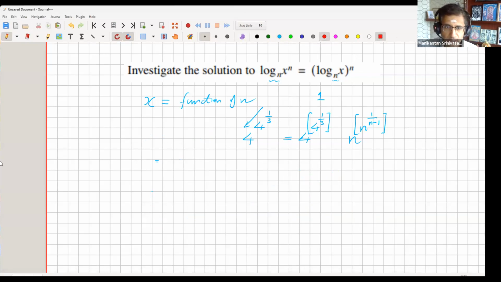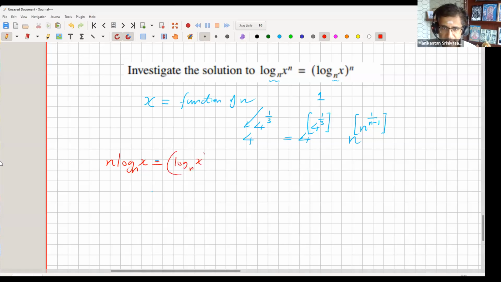Yeah, so I'll write it as n times log x to the base n equal to (log x to the base n) whole power n. And let me treat log x to the base n as whatever w, whatever we said, w, right? So I have n times w equal to w power n.